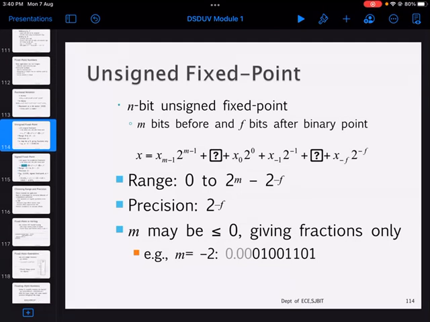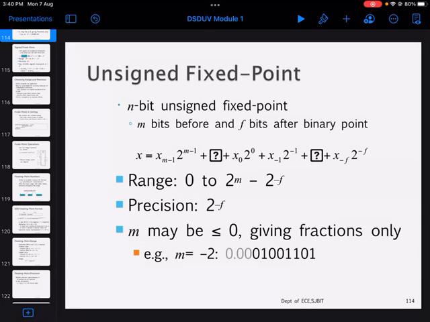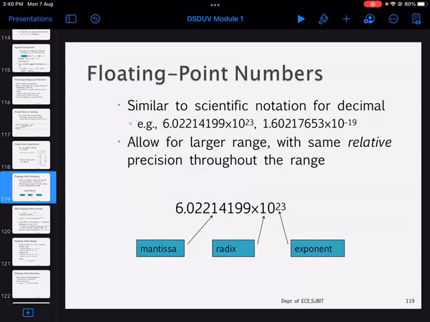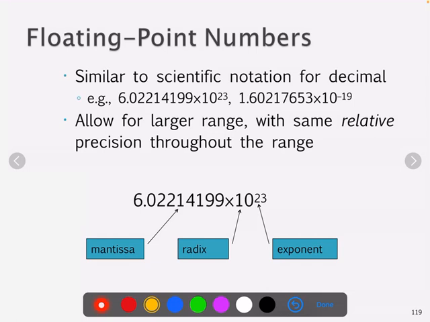Other than this, we have another way of representing numbers, which is floating point numbers. In the previous slide we saw fixed point, now it is floating point. Scientific notation is done with this kind of floating point numbers, where you can see the decimal point, a mantissa, a radix, and the exponent to that radix.